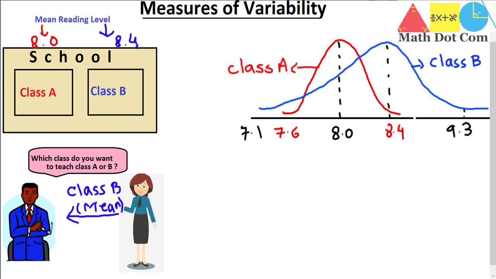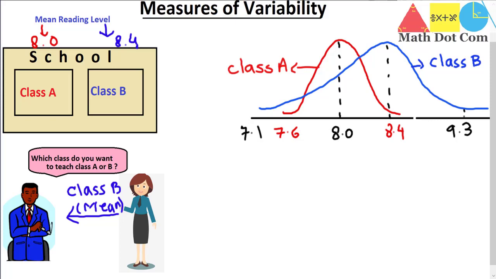If we look at the graph of class A, it is clearly shown that the reading level of most of the students falls around 8.0. That is, the mean reading level of class A is 8.0, while the reading level of the rest of the students is just near 8.0, between 7.6 and 8.4.